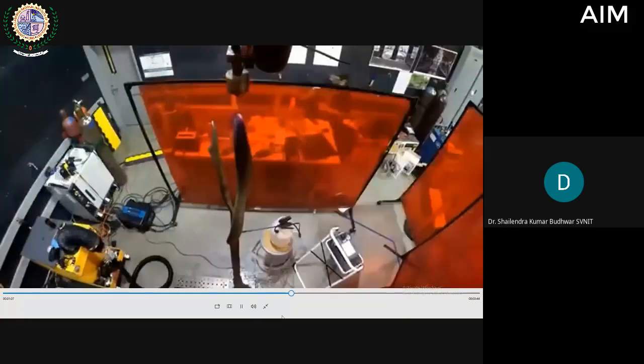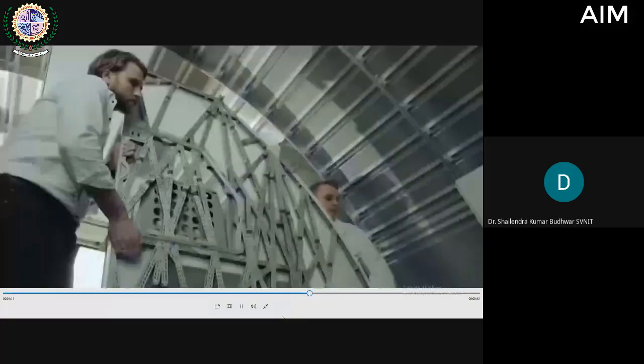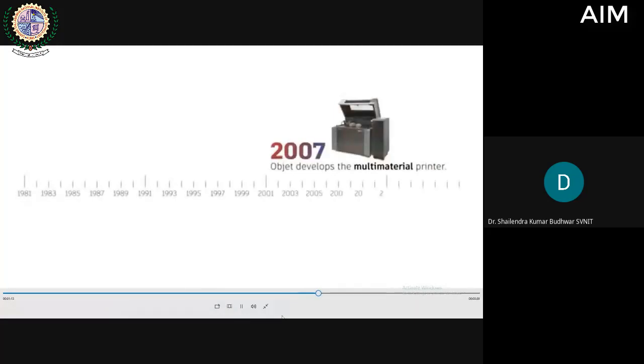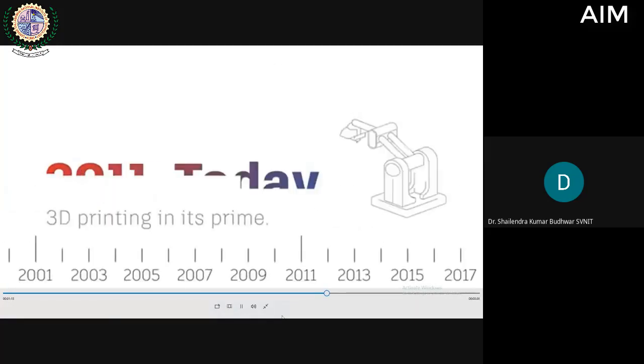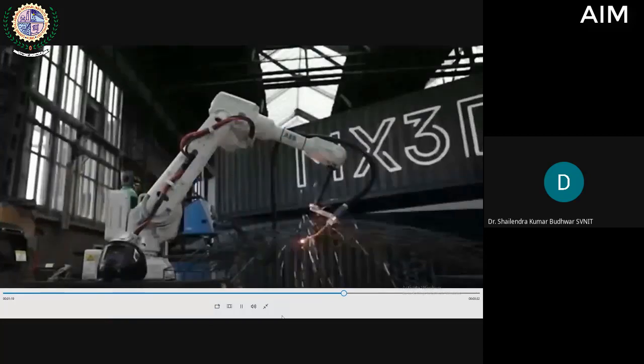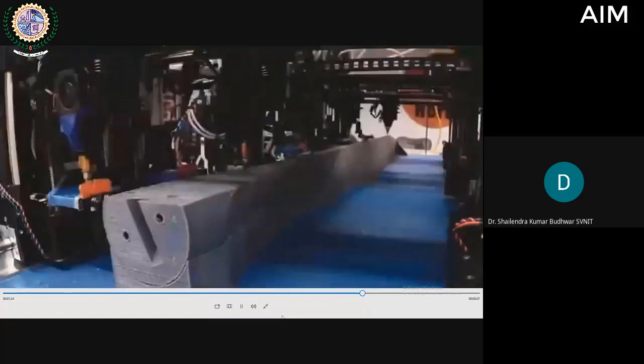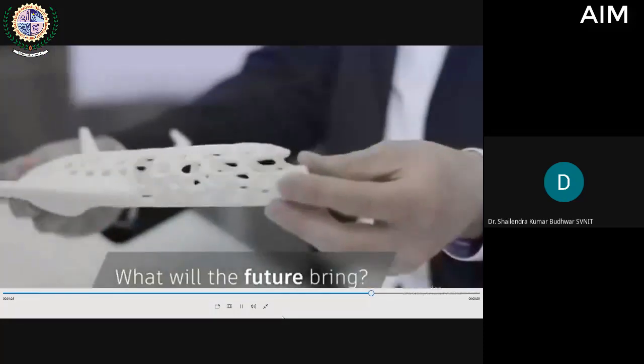Suddenly, people everywhere had the power to create anything, and mass customization flourished. Startups began to thrive. Objet built a machine that could print in multiple materials at once. Today, 3D printers are cheaper than ever, and their accuracy has improved. The ability to 3D print nearly anything is becoming a reality. It begs the question, what will the future bring?